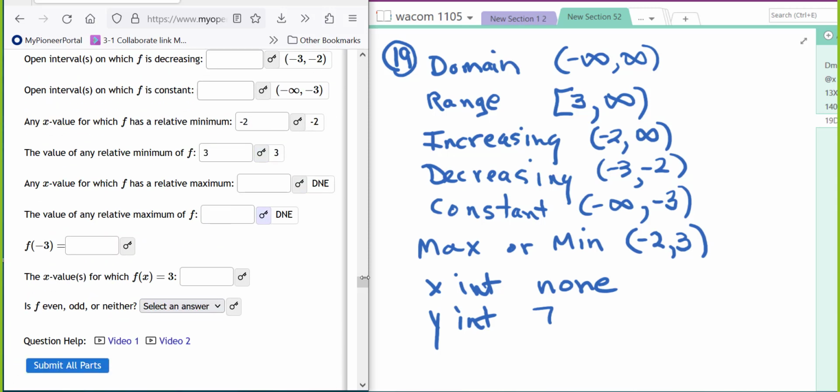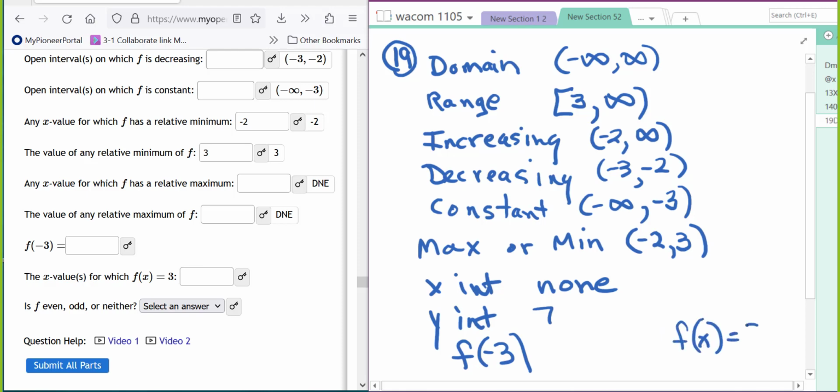All right, and we have a couple of other questions here, so we can go back on it. So f of -3, and they want the x value when f of x equals 3, and then they want to know if it's odd or even or neither.